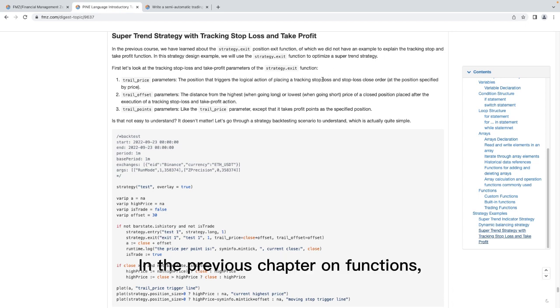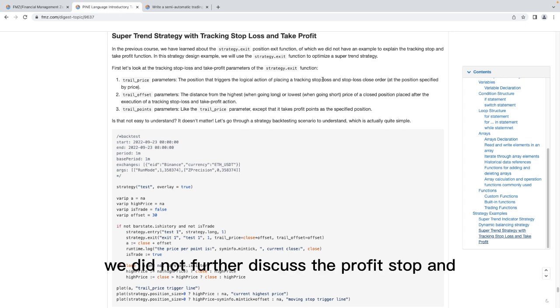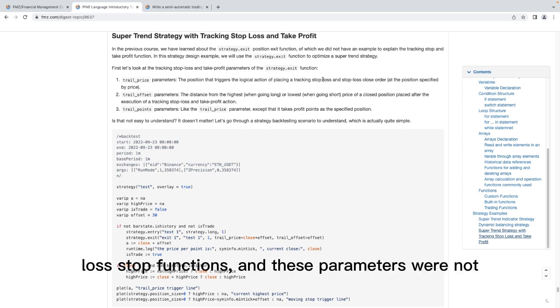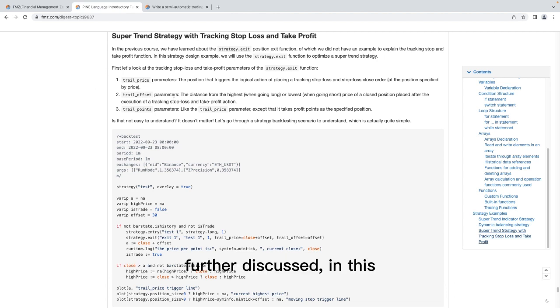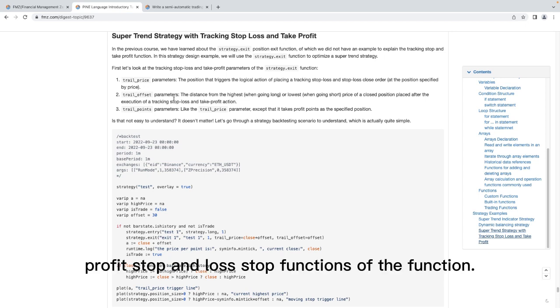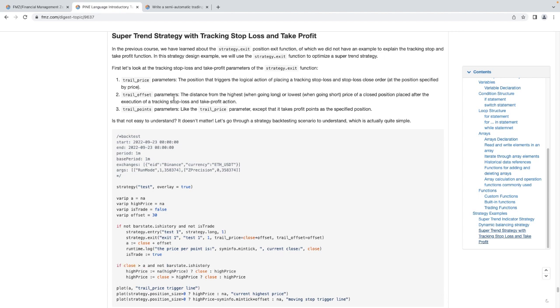In the previous chapter on functions, we did not further discuss the profit stop and loss stop functions, and these parameters were not further discussed in this course. We'll give a brief description of these tracking profit stop and loss stop functions of the function.